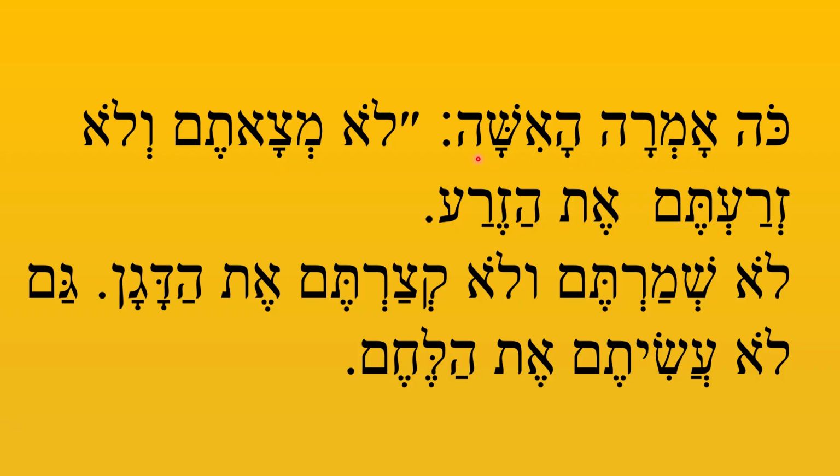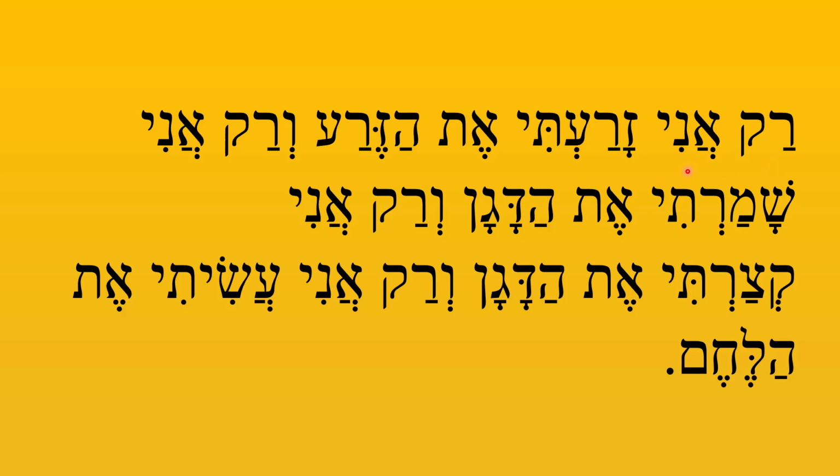כה אמרה האישה, לא מצאתם ולא זרעתם את הזרע, לא שמרתם ולא קצרתם את הדגן, גם לא עשיתם את הלחם. רק אני זרעתי את הזרע, ורק אני שמרתי את הדגן, ורק אני קצרתי את הדגן, ורק אני עשיתי את הלחם.